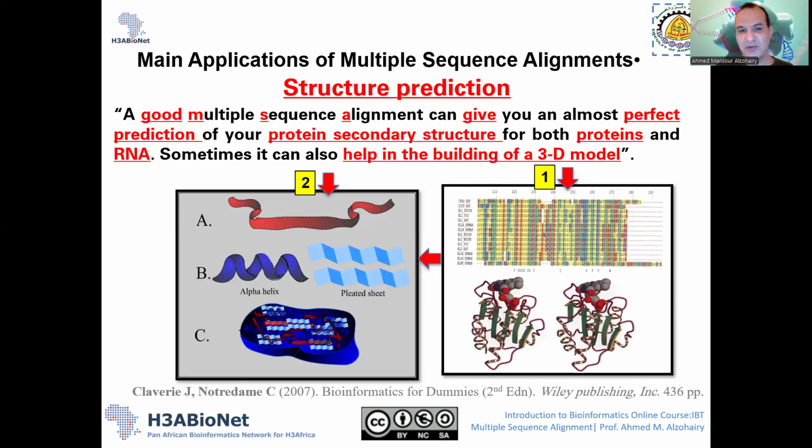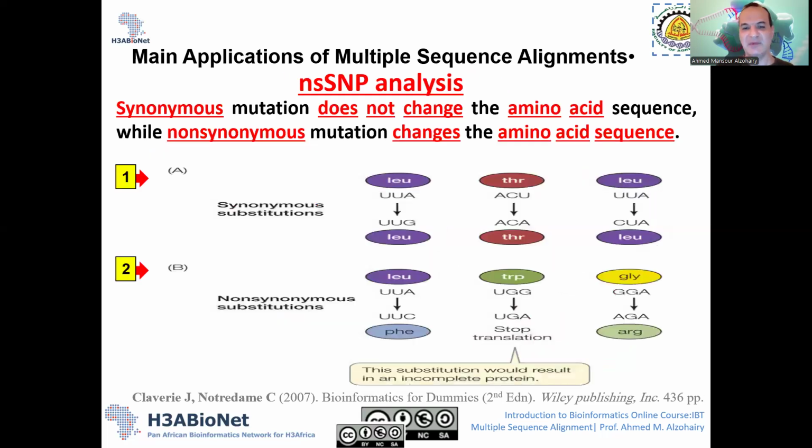This is one of the very useful applications. You can predict the positions, for example, when comparing a multiple sequence alignment of amino acid sequences of different proteins. If you would like to see the conserved regions for the beta pleated sheet, alpha helix, and so on, this can be useful in structure prediction using multiple sequence alignment.